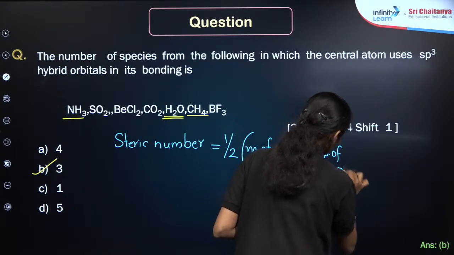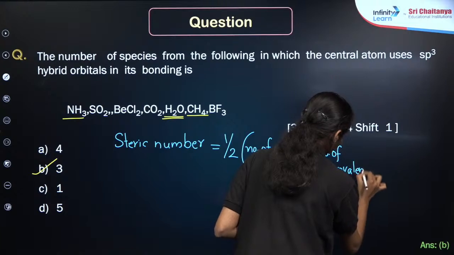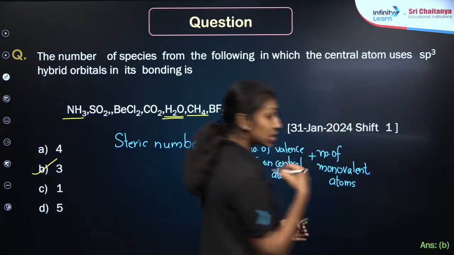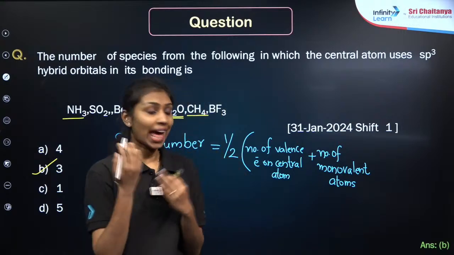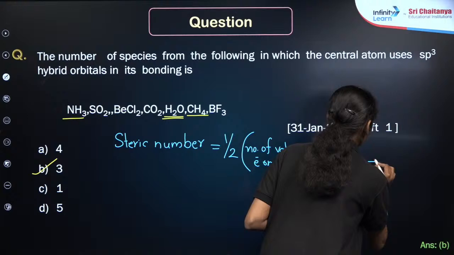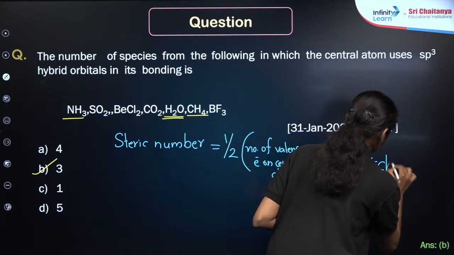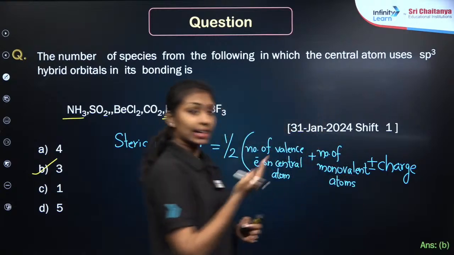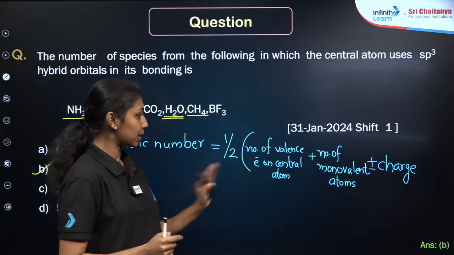Monovalent means the atoms that have a valency of 1. Then plus or minus charge, which means that whenever you have an anion, a negative charge, you add it. If it has a cationic charge, you subtract that. Clear?